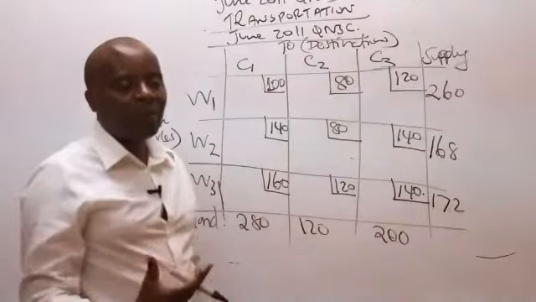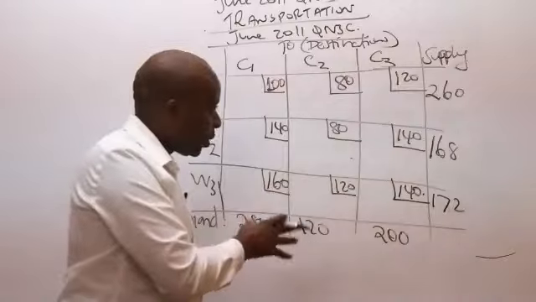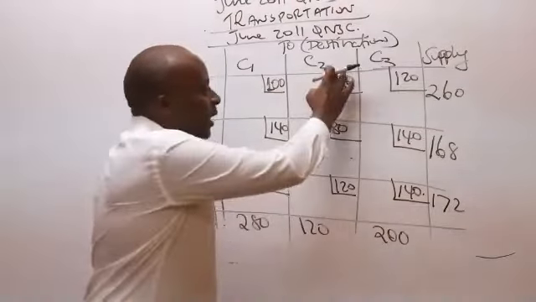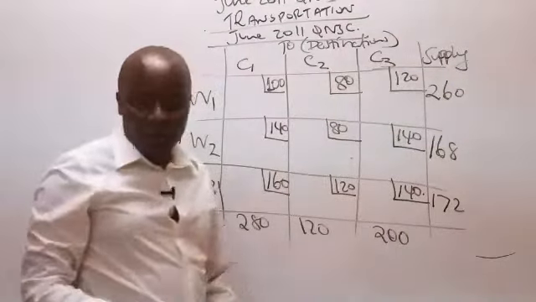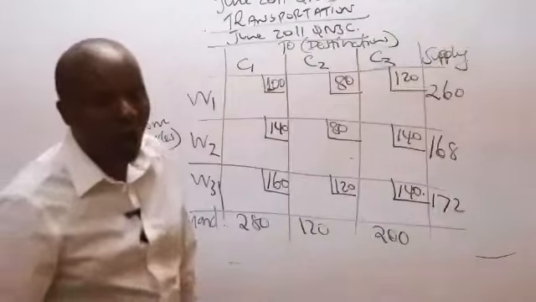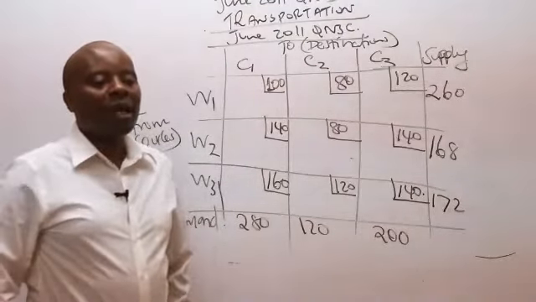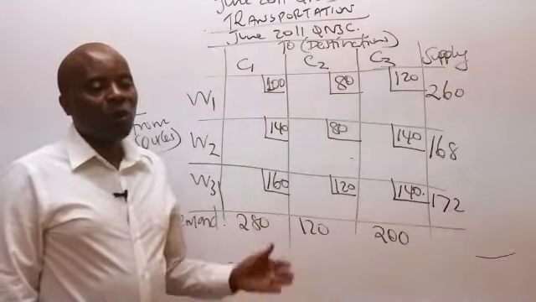I've been able to capture my transportation problem on this general structure. I can see the concept of the suspended cells, these smaller cells, which basically carry my transportation cost per unit. So I want to give you a minute.